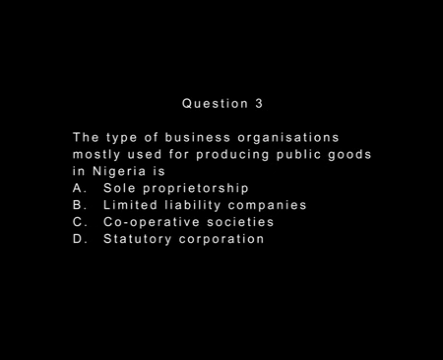Question 3. The type of business organization mostly used for producing public goods in Nigeria is A. Sole proprietorship, B. Limited liability companies, C. Cooperative societies, D. Statutory corporations. The right answer is D. Statutory corporations.